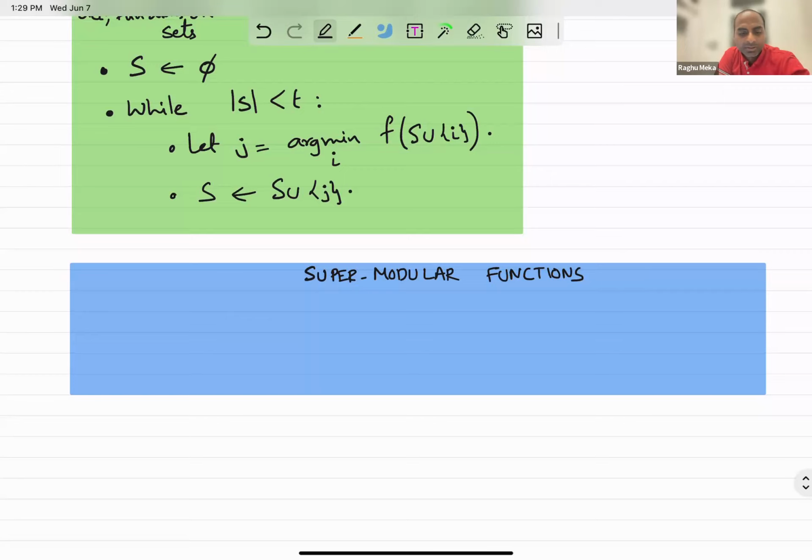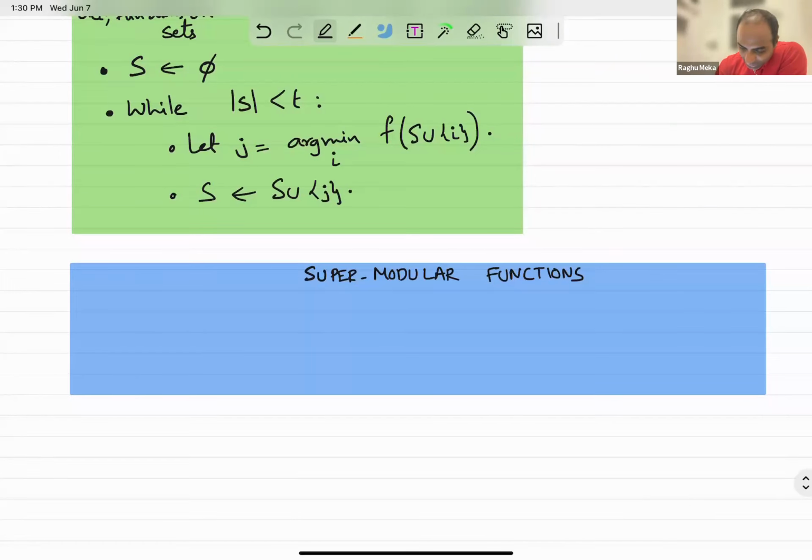Let me pull up the exact notation that I had in mind. So there's a special class of functions where greedy always works. And this is the class of supermodular functions, meaning, so which functions are supermodular?